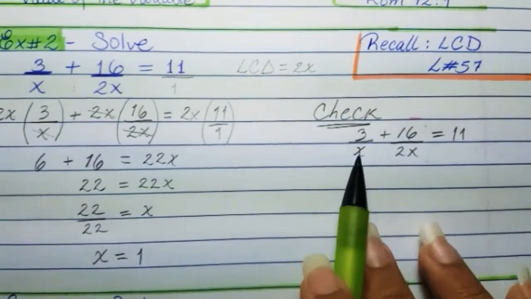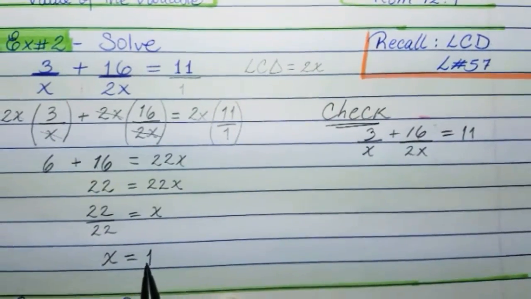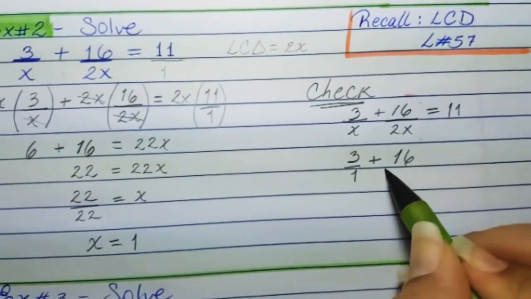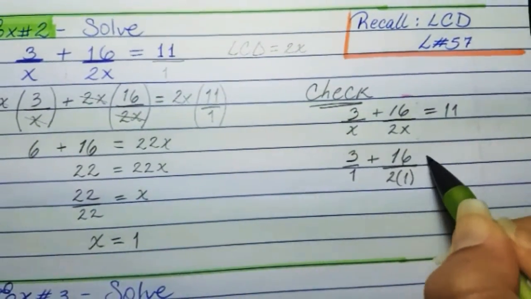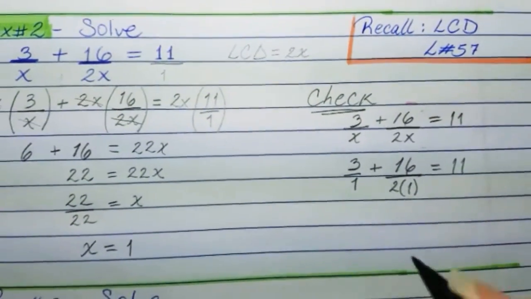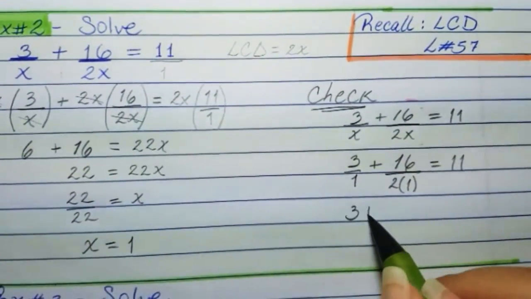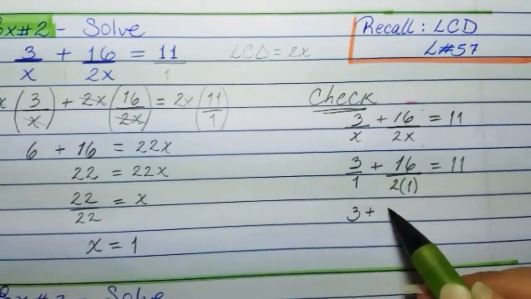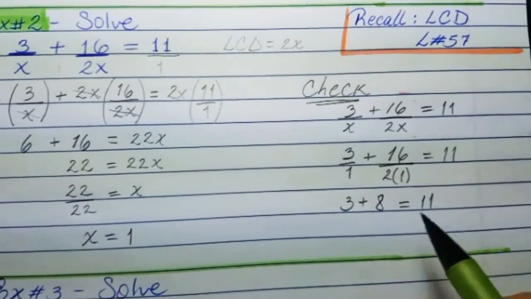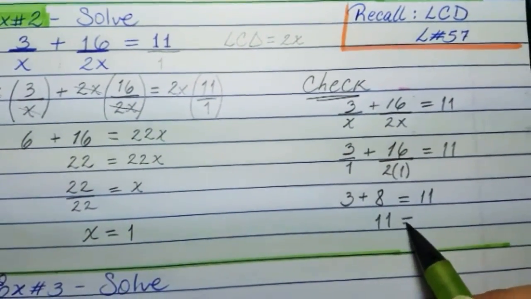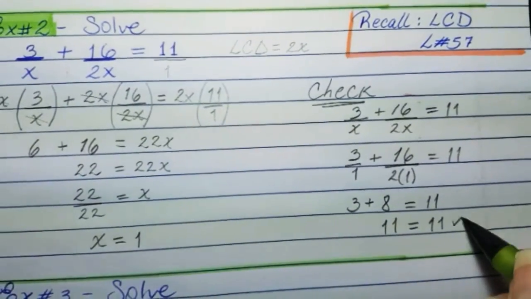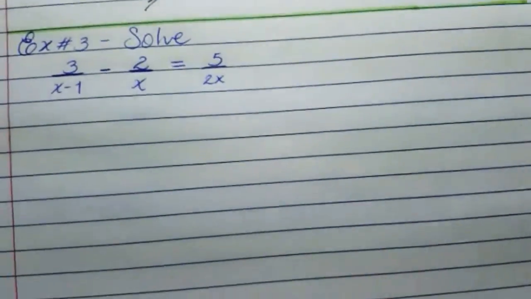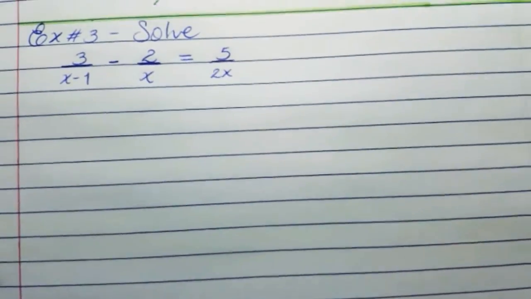I'm going to substitute each x with the value we found. 3 over 1 plus 16 over 2 times 1 equals 11. 3 divided by 1 is 3, plus 2 times 1 is 2, 16 divided by 2 is 8, equals 11. 3 plus 8, 11 equals 11. Since that's true, then 1 is the right answer. Let's move on to the third example of your book, Algebra 1 Saxon.